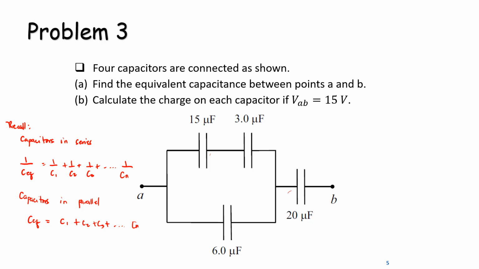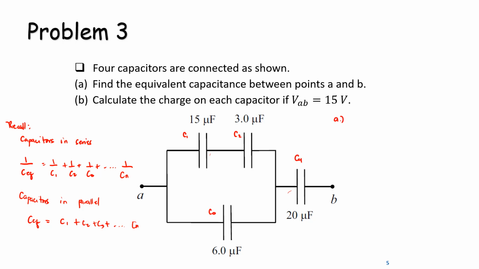So let us get the equivalent capacitance for this network of capacitors. Suppose we call these C1, C2, C3, and then C4.